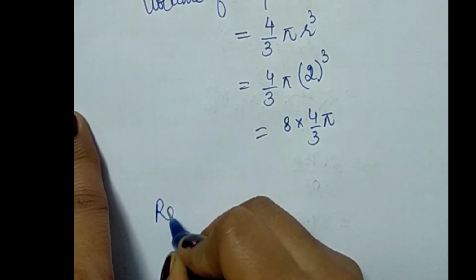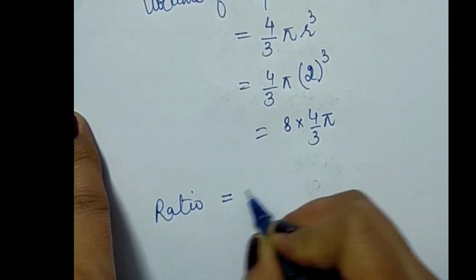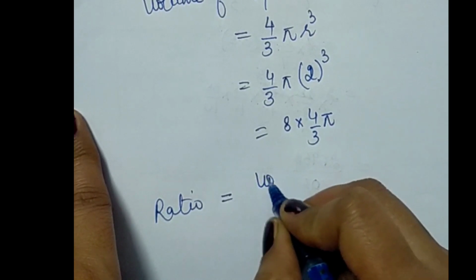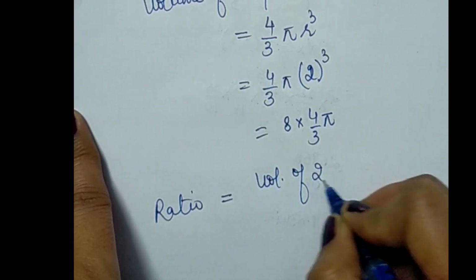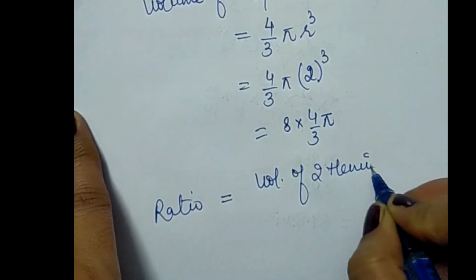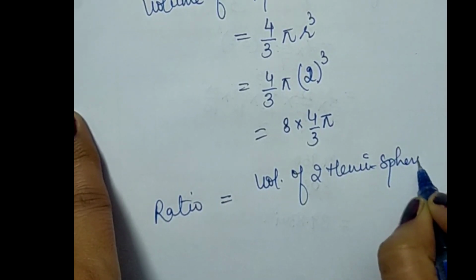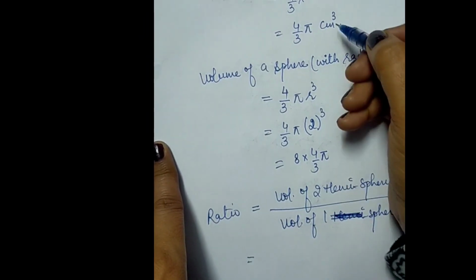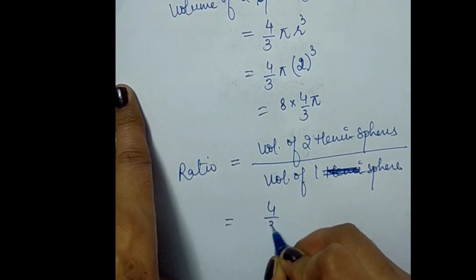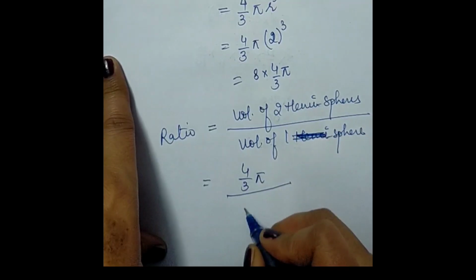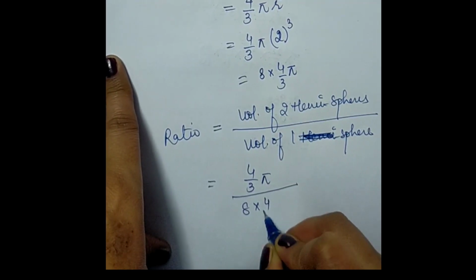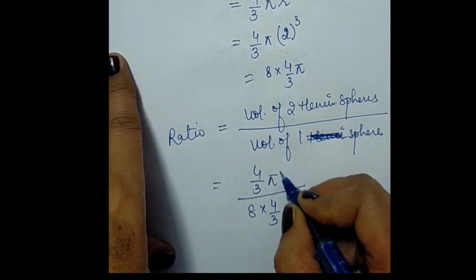Ratio of volume of 2 hemispheres over volume of a sphere with radius 2. Now volume of 2 hemisphere was 4 by 3 pi and volume of a sphere is 8 into 4 by 3 pi.